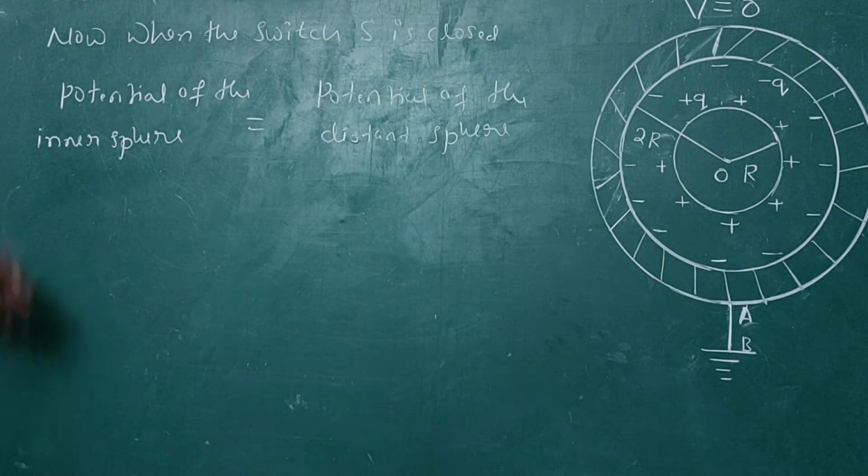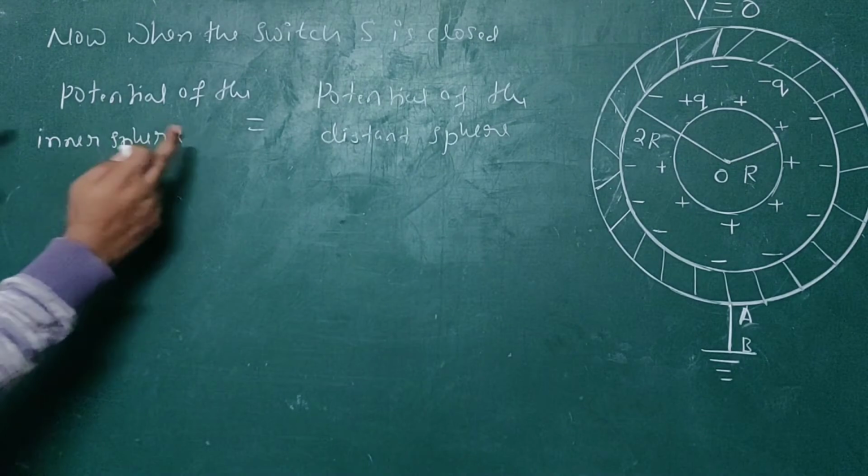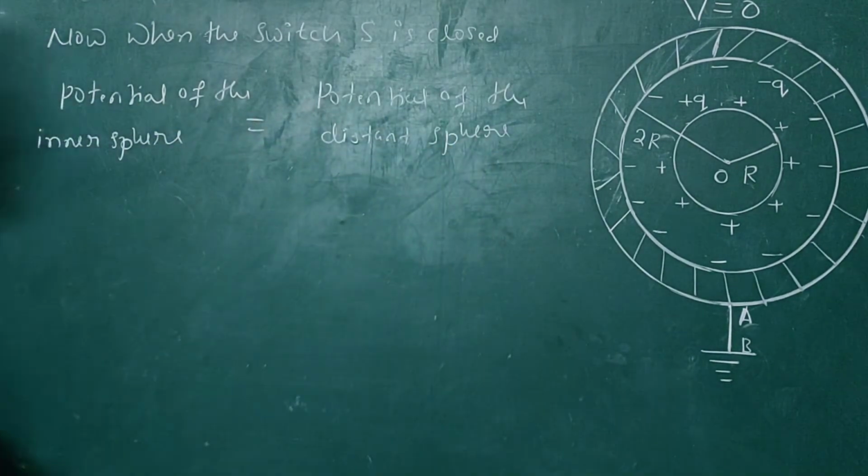When the switch S is closed, the potential of the inner sphere becomes equal to the potential of the outer sphere.